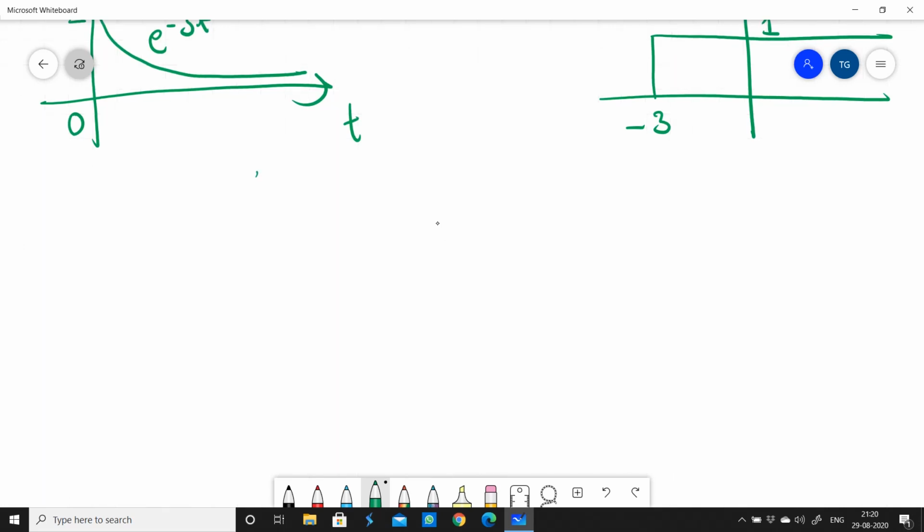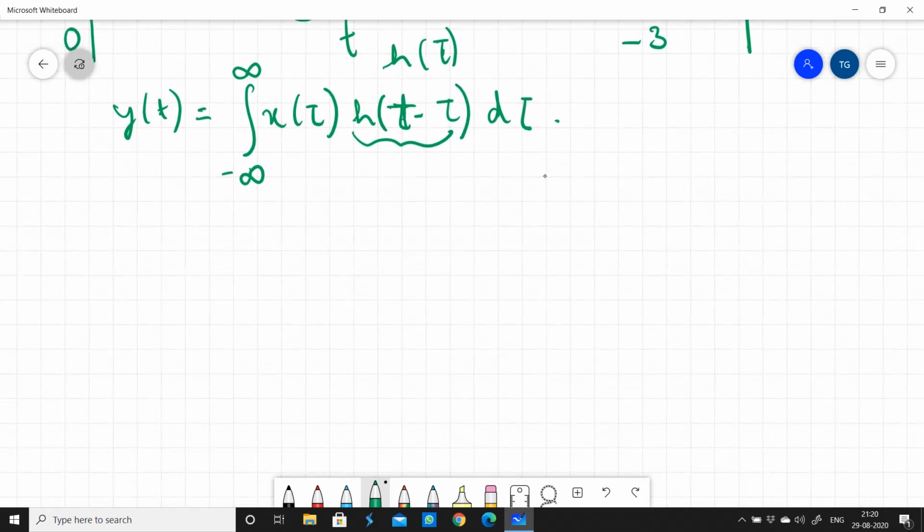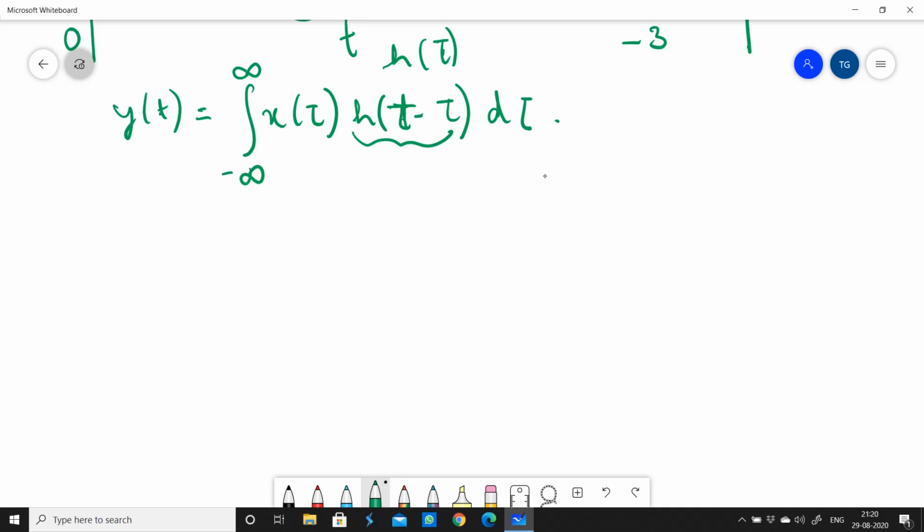Now how my y of t is convolved, it is integral from minus infinity to infinity x of tau h of t minus tau d tau. So we can notice here that h is not a simple h of tau. First there are a series of operations to be done on the impulse response of that system.